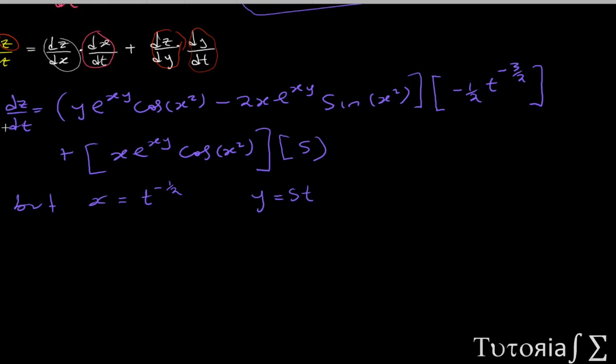So we'll say dz/dt will be equal to y. Y is equal to st, so we put st there, remember this is in brackets.